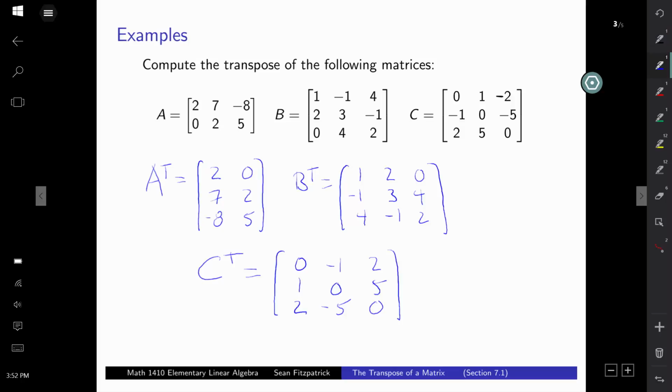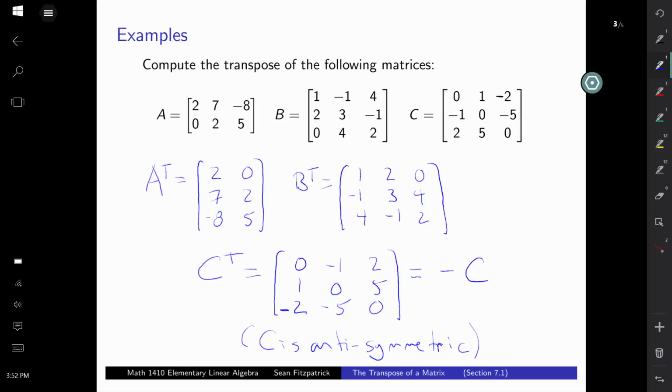If that was a minus 2 there, then this would become a minus 2 down here. With that modification, this becomes an example of what's known as an anti-symmetric matrix. Notice that the transpose is the negative of the matrix we started with. So C is an example of an anti-symmetric matrix. In a moment we'll define symmetric and anti-symmetric matrices.